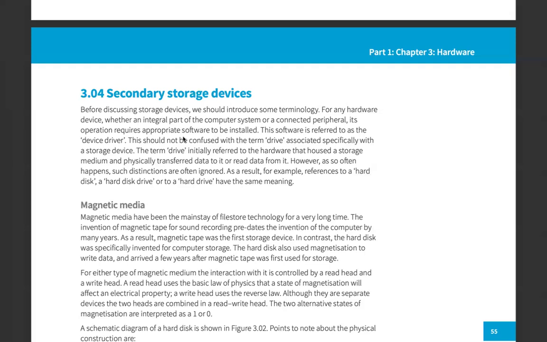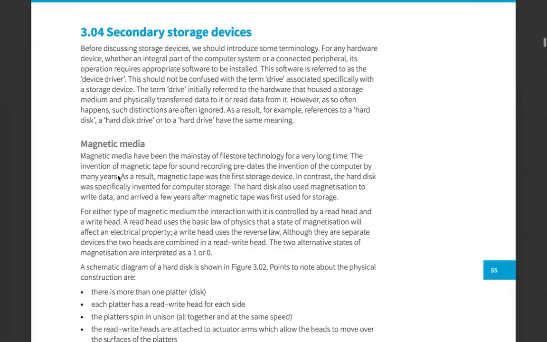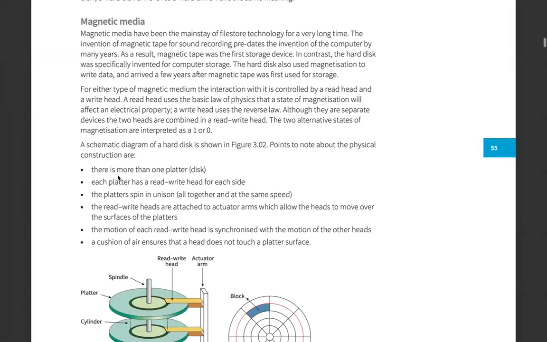We have to identify these items separately. What are their purposes? How we can store all this information and data there, and what about the capacities we have on those ones? So the first secondary storage device is magnetic media.